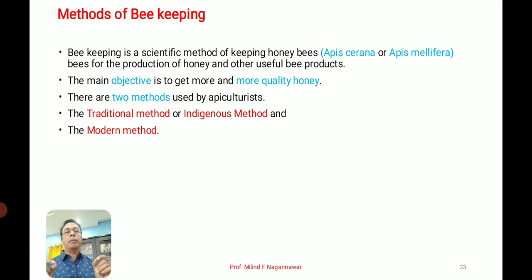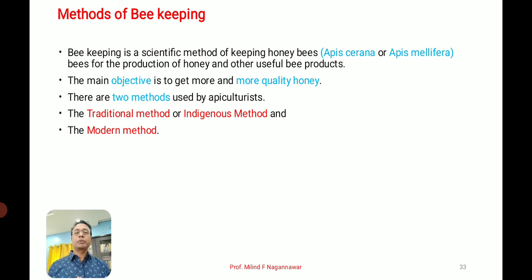The main purpose of keeping the honeybees is to get the best quality honey and its byproducts. Is it clear?